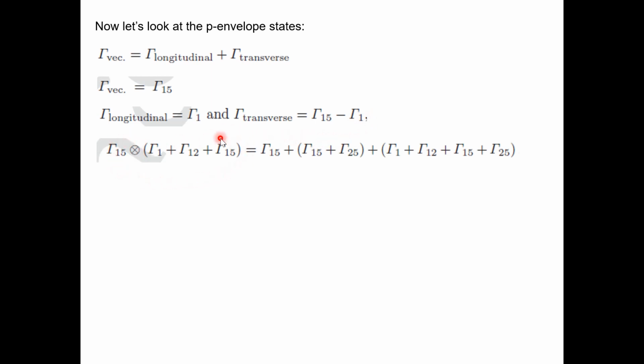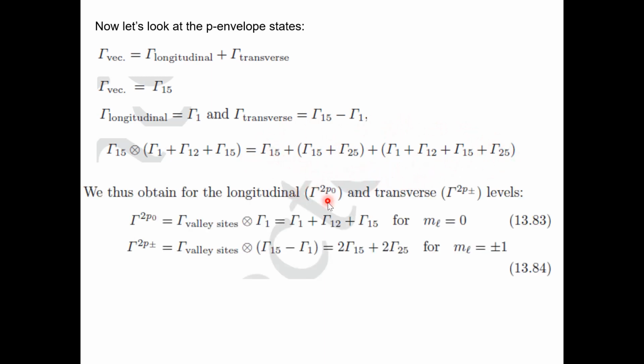So we can then work out this direct product between the envelope part and the valley sites part, and it's going to be the sum of very many irreducible representations, and then we can calculate the longitudinal, which is associated to what is called 2p0, and the transverse, the 2p plus or minus.